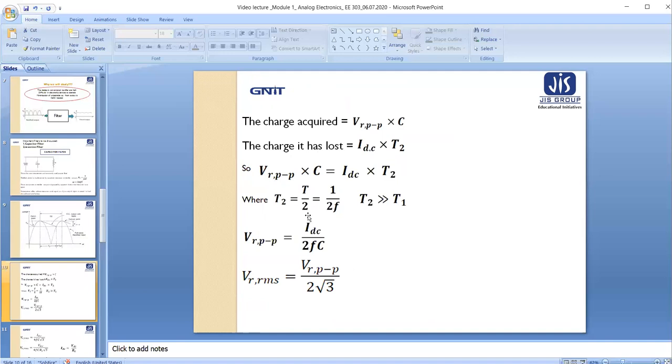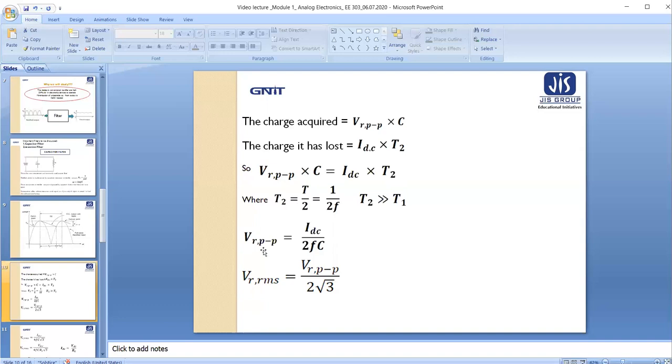Because, as already mentioned, we have to design the circuit in such a way that the capacitor discharges slowly, so T2 is approximately half of the time period. That's why T2 is considered as T by 2, because it is our main design criterion. So T2 equals T by 2, which is 1 by 2f.